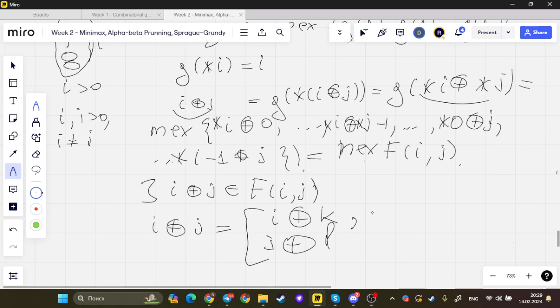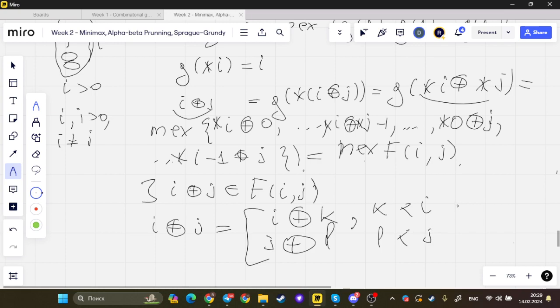And notice that k is less than e here, and l is less than g here.